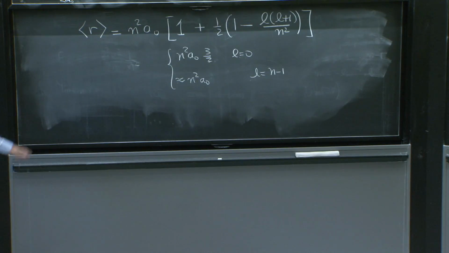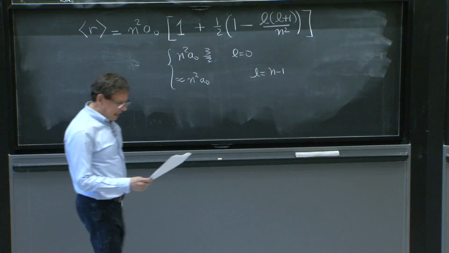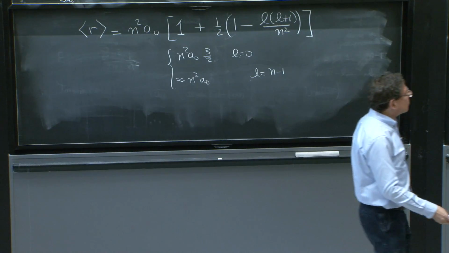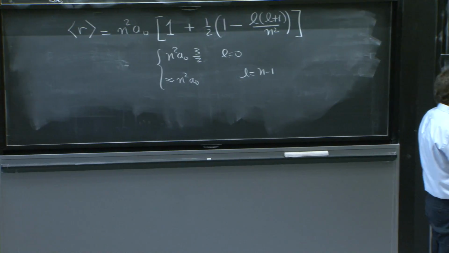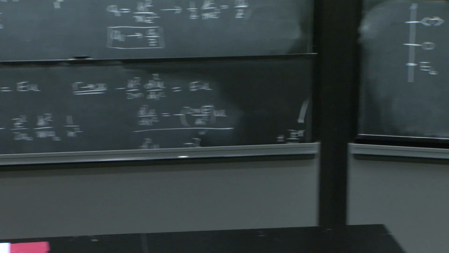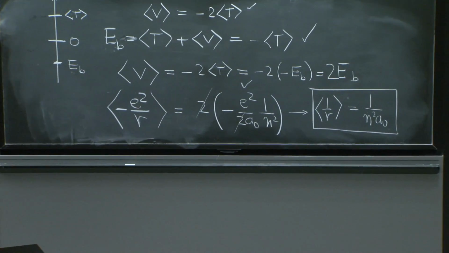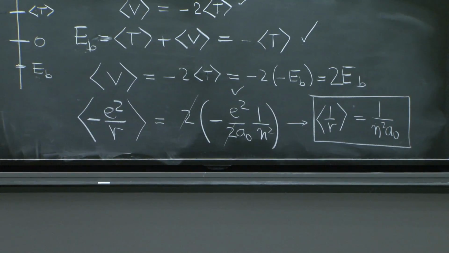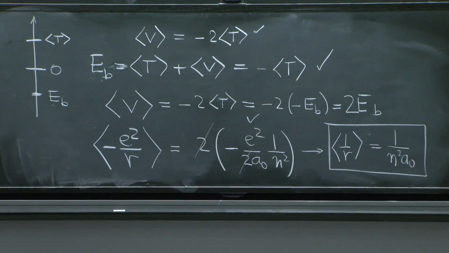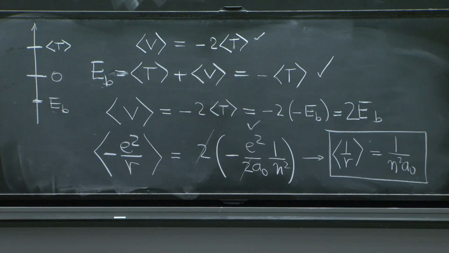All right, so the first thing we've learned is that we got an expected radius that goes like n squared a naught. So it's kind of interesting to see what went wrong if you would have thought this from the form of the solution.